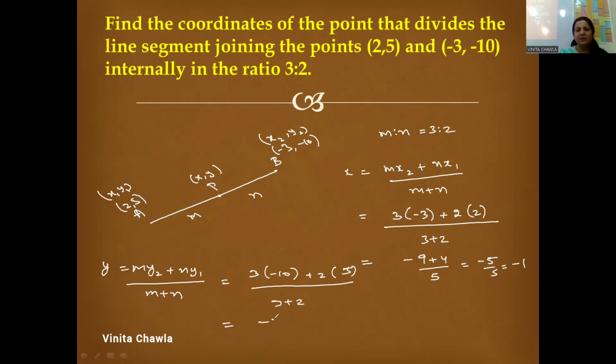It is minus 30 plus 10 upon 5, minus 20 by 5, minus 4. So coordinates of P, we have minus 1 and minus 4. Okay. Any doubt? Are you getting the same answer?